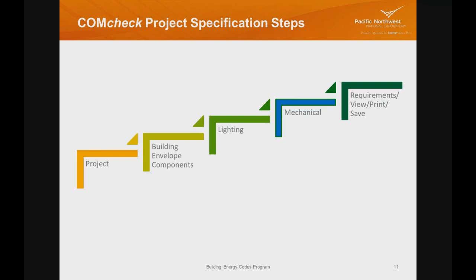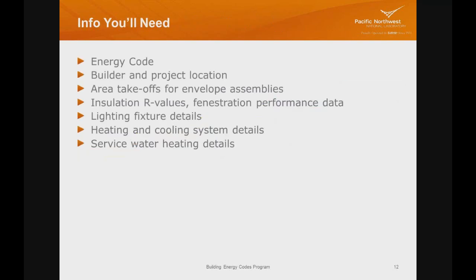This will enable all the downstream dependencies to be enforced. That is, things that are enforced in mechanical or lighting will depend on you specifying the project screen in full and in its final form. So it's always more efficient to build your project into COMcheck in that manner.